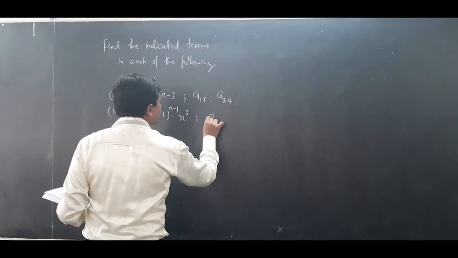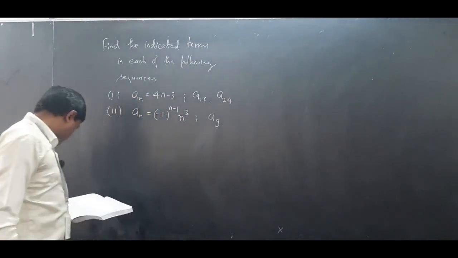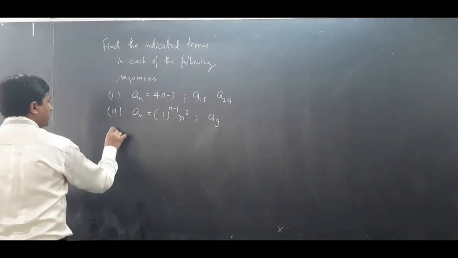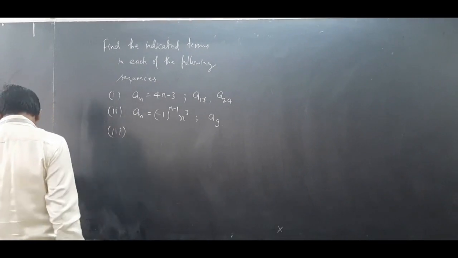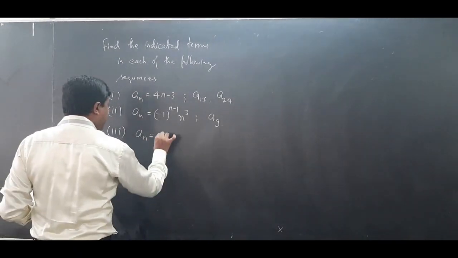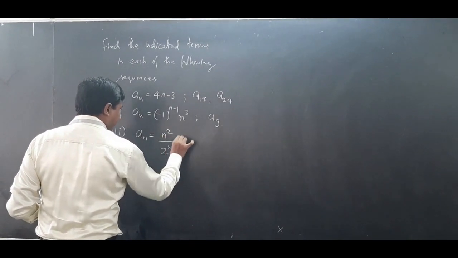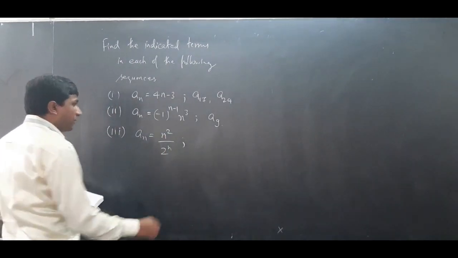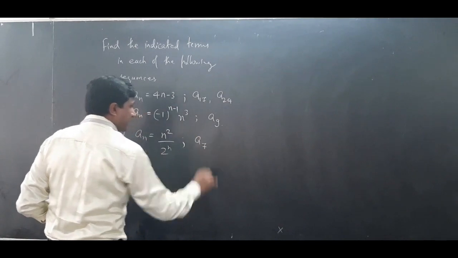You have to find out the 9th term. Okay. One more problem, an equals n square by 2 power n. This is the nth term. You need to find out the 7th term.